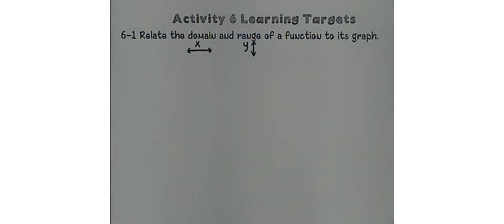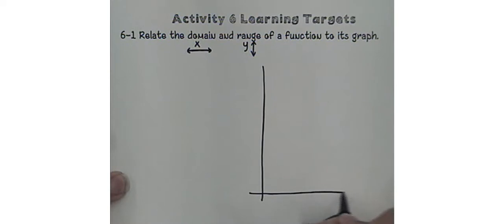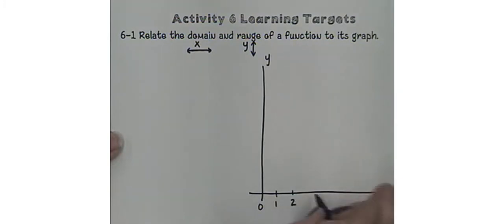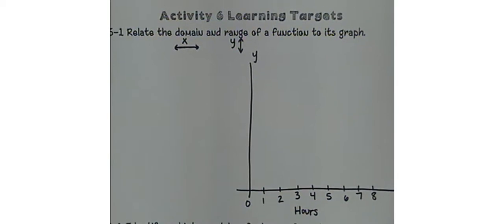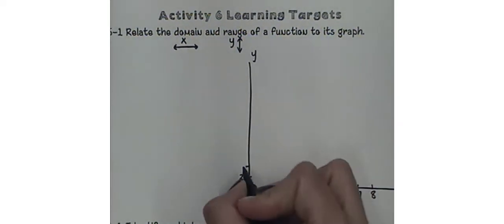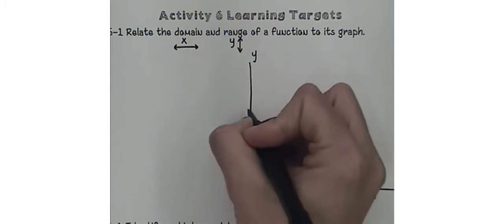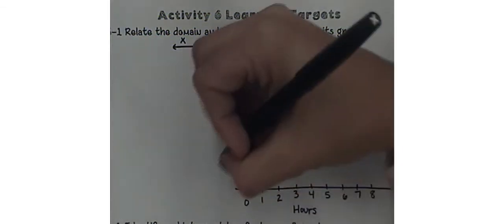Okay, so I'm going to draw on a graph. Let's go up by ones. And we're going to label this hours. And then here I'm going to go up by twos. And this is going to be miles.